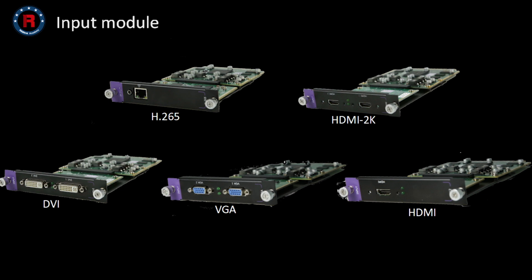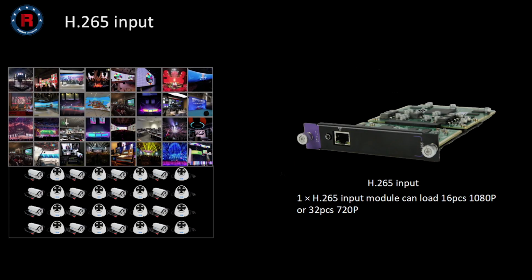The most important, that's why we said Q16 can be applied in security and protection industry, is because it supports H.265 IP signals input. So let's check it in more detail.